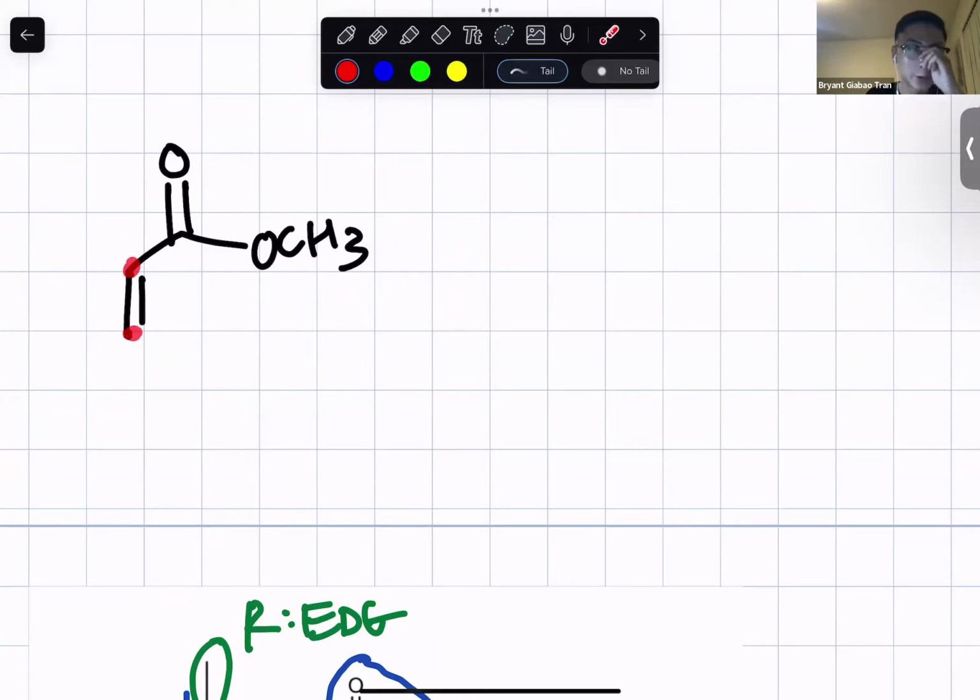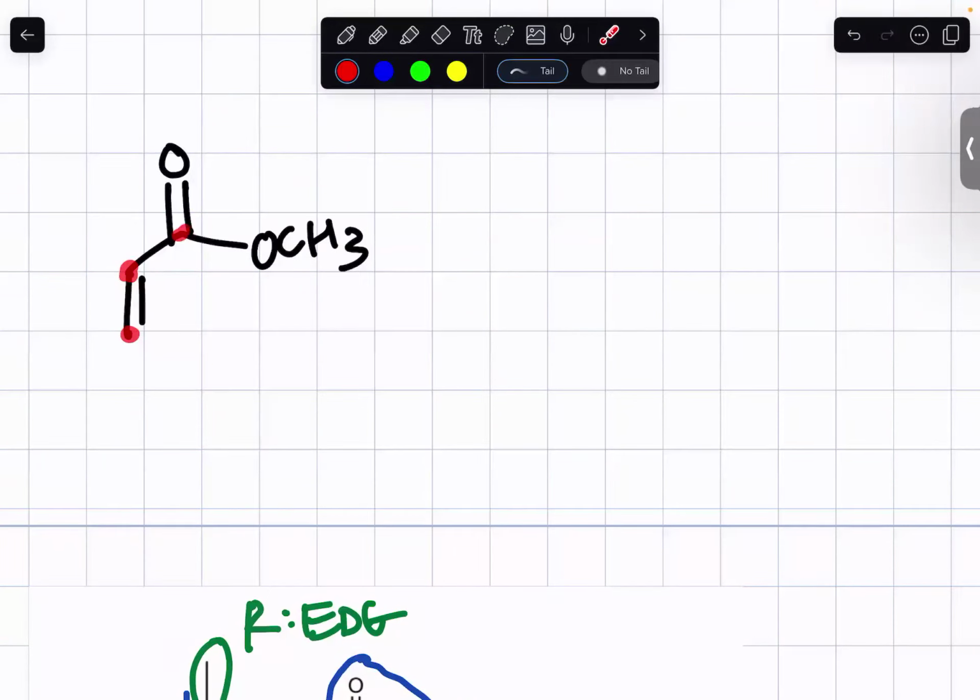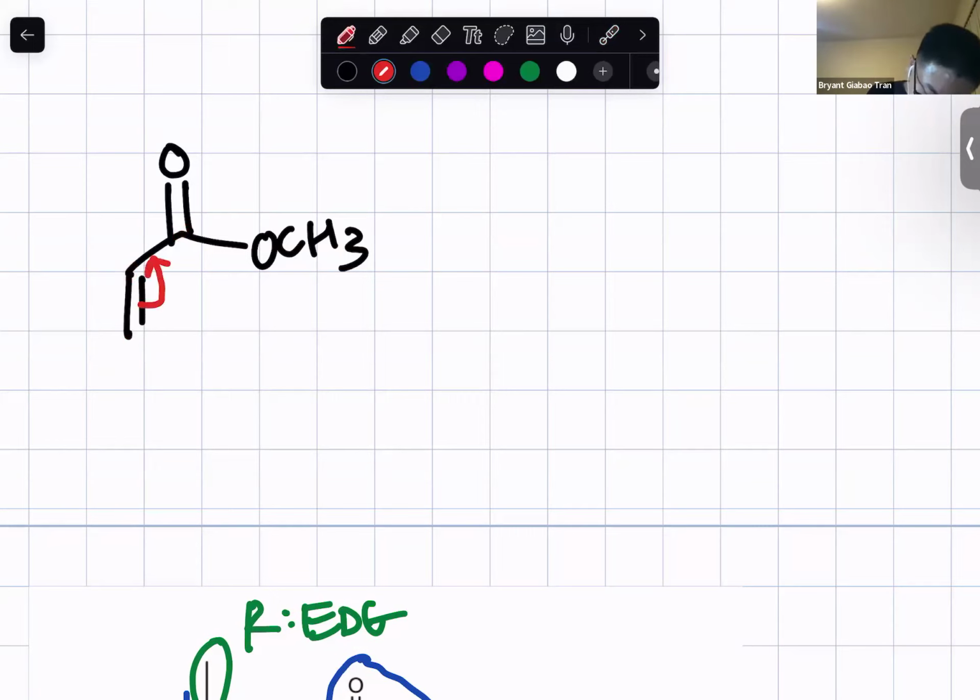If we drew out the resonance structure of this. Would it be on the first dot that you drew? Right. So it looks like it's the first one because it's closer to the positive charge here. But it's actually going to be on the bottom one here, because when we draw its resonance structure, it's going to look something like this. I'm going to move that double bond to make a double bond there and pop this double bond onto that oxygen right there. This gives us this resonance structure here.